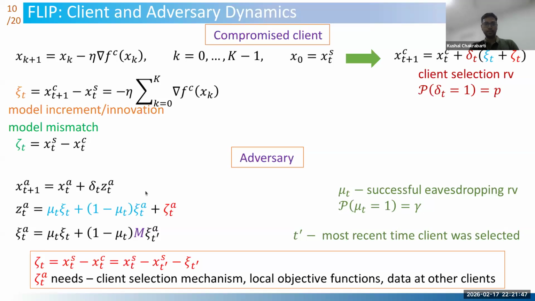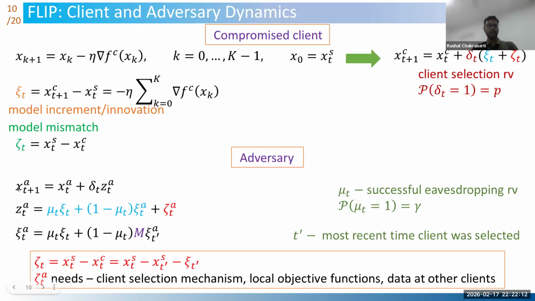I am not saying that this is the only possible or a very strong algorithm, but we have seen that this works. The idea behind this adversary's reconstruction attack algorithm is to mimic the client dynamics of the compromised client. If you look at the client dynamics, x^C_{t+1} is x^C_t plus something.